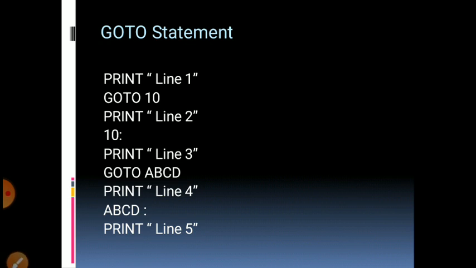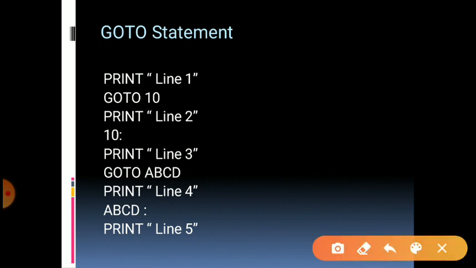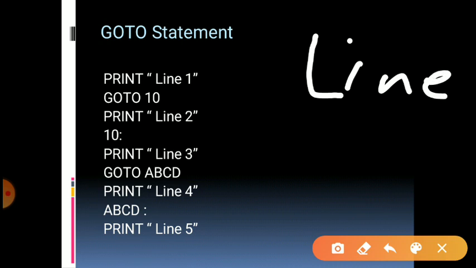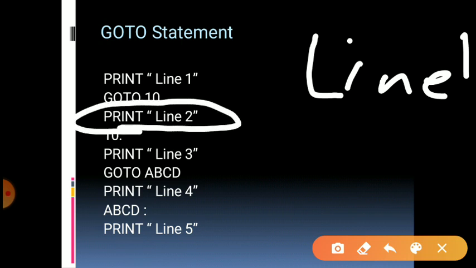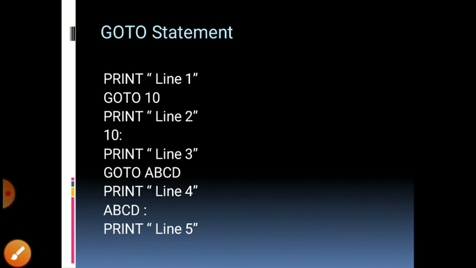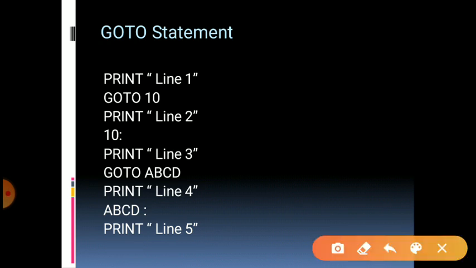First PRINT line 1, so the output line 1 will be printed. Then GOTO 10, so it will skip line 2 and shift to label 10, and it will print line 3.